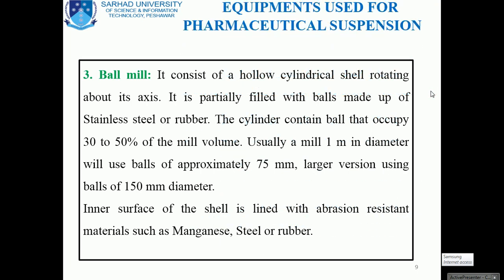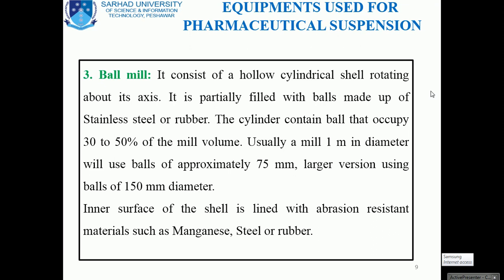The construction of a ball mill is a hollow cylindrical shell that is rotating around its axis, and that particular cylindrical shell is partially filled with balls that are made up of stainless steel or rubber.